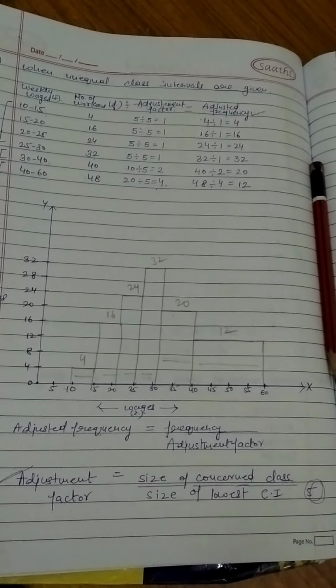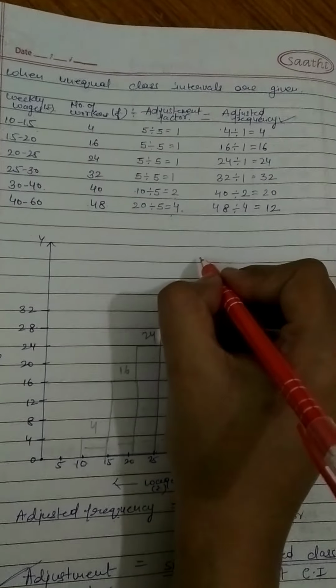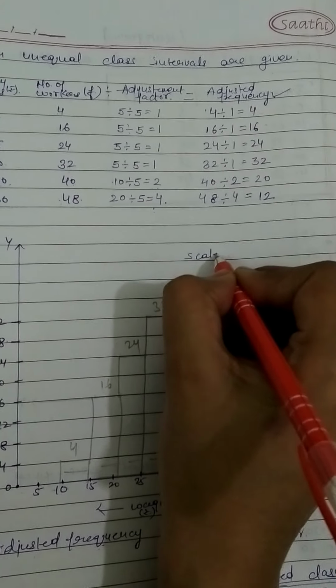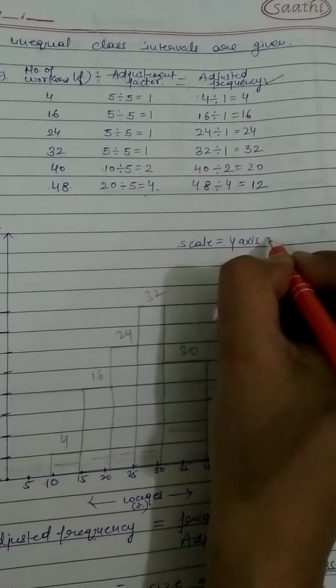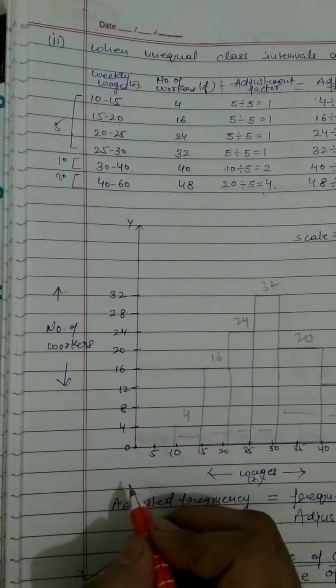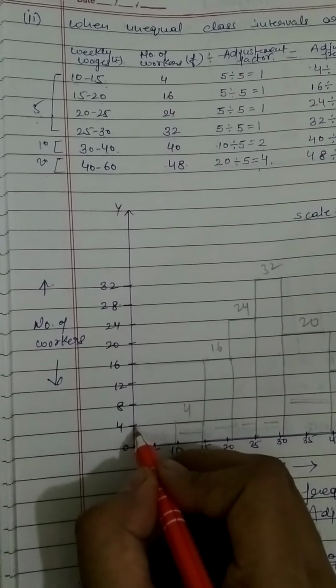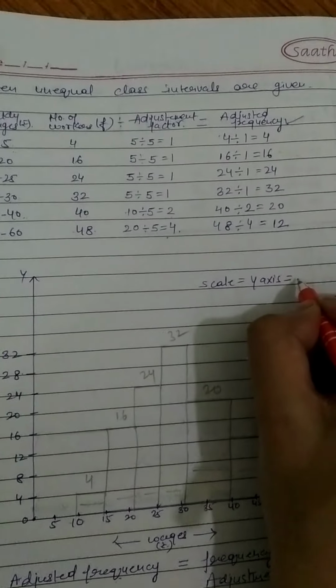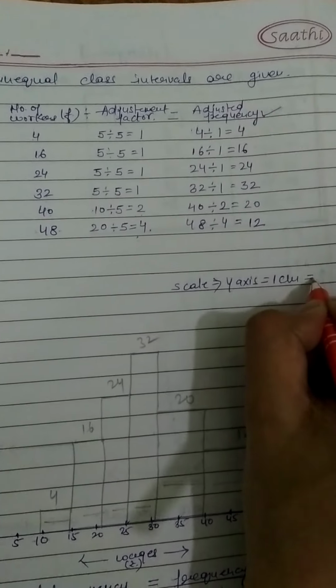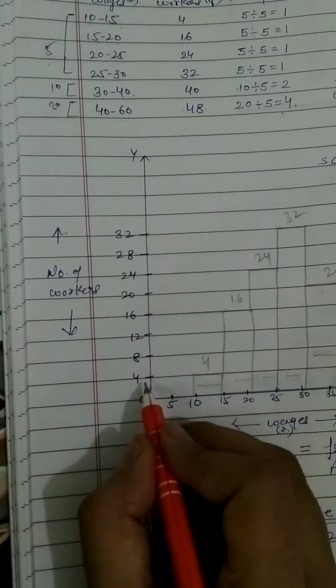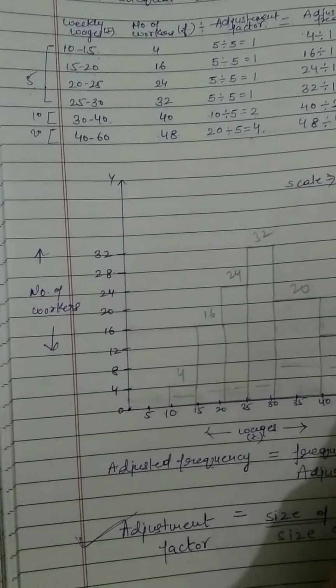All these calculations you have to do, and moreover you can also write the scale, like scale on y-axis. On y-axis we are taking number of workers. This distance is equal to 1 centimeter. So 1 centimeter is equal to how many workers? That is 4 workers, because the difference is of 4.